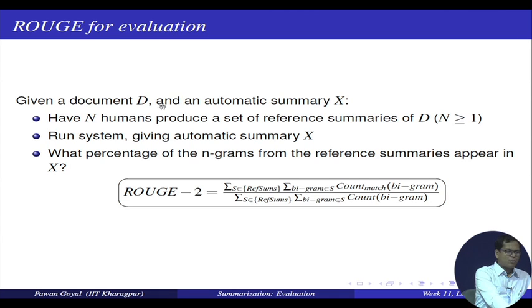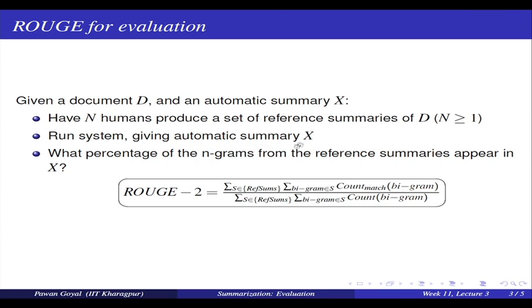So suppose I have a document D and an automatic summary X. X is what my algorithm is providing. Now what I will do, I will have n humans produce a set of reference summaries. Like I did in this DOC data set, suppose there are 3 humans, they produce a summary for each of this document.